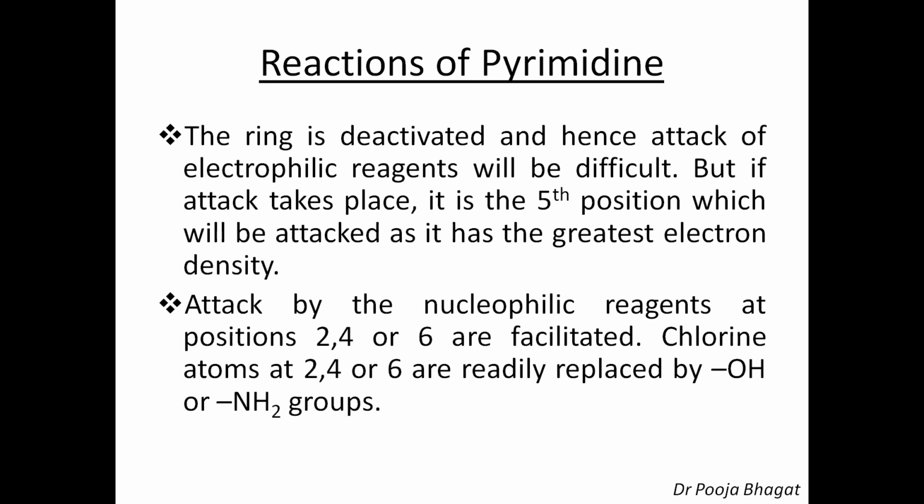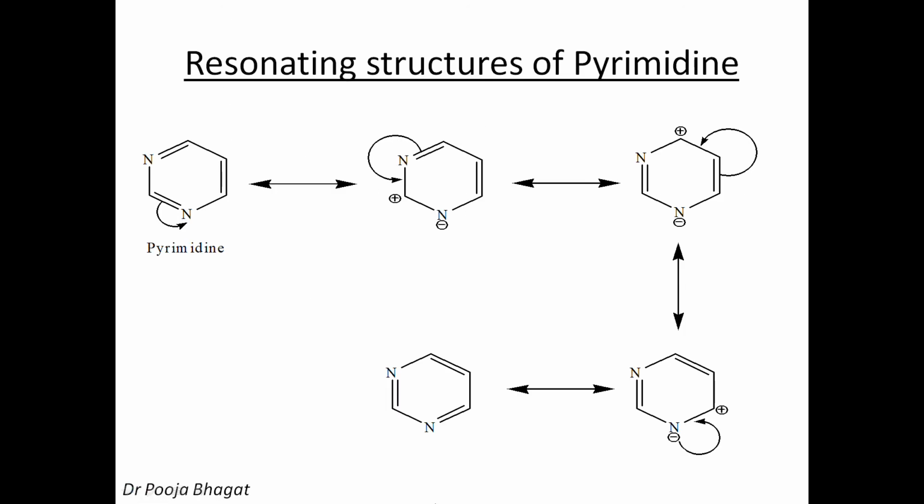But if it takes place, can you see at which position it can take place? You can see in these resonating structures, here the positive charge comes at the 2nd position, here at the 4th, and here at the 6th. And at the 1st and 3rd positions we have nitrogens. So the only position left is the 5th position, where there is no positive charge.